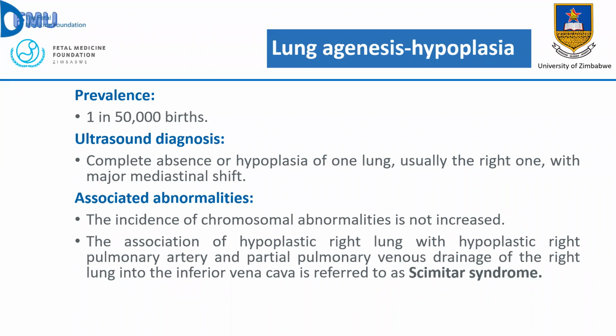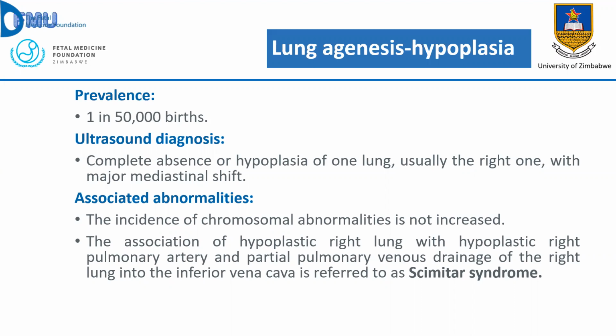Scimitar syndrome. So whenever we have abnormal pulmonary venous return, we should always think of Scimitar syndrome. This is why when we are doing a fetal echo, we check for the pulmonary veins, whether the pulmonary veins are draining, or we ascertain their presence.